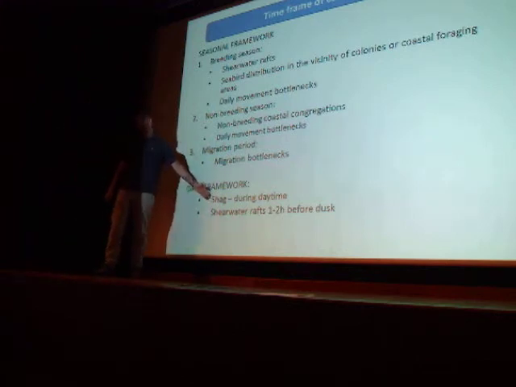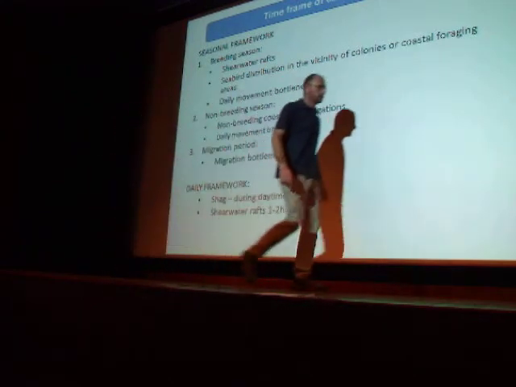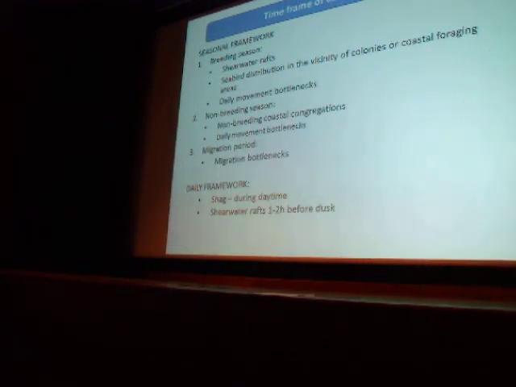Okay, we have to do that during the day. But again, there could be local variations, so there are no general guidelines when you should do coastal counts, let's say, for shag. Any questions?